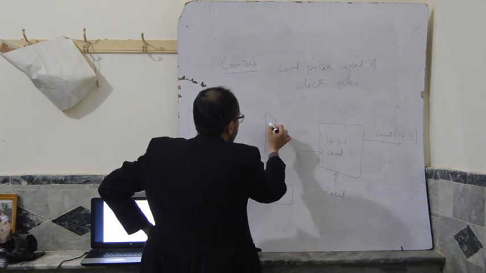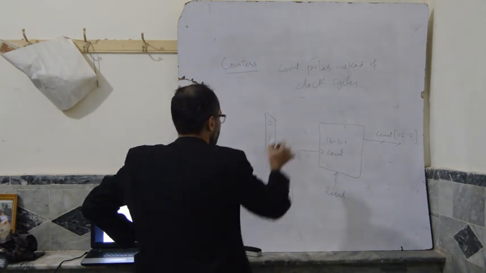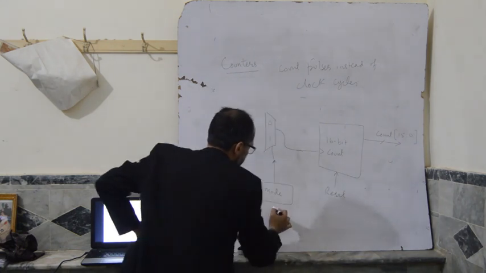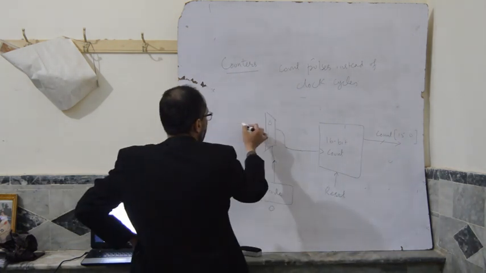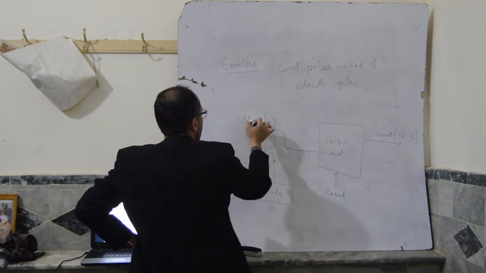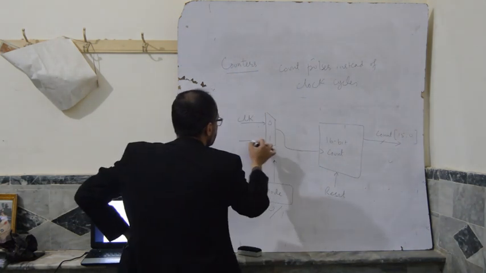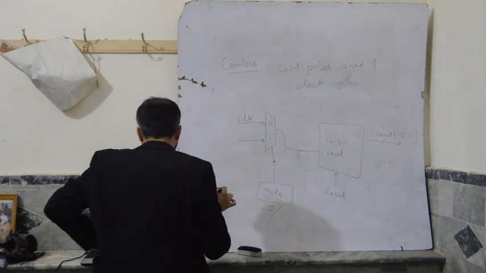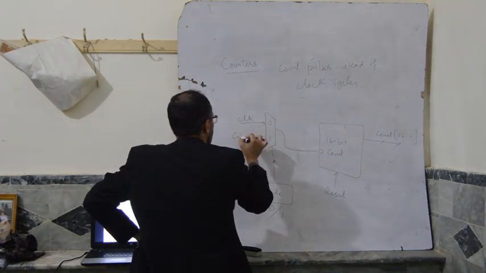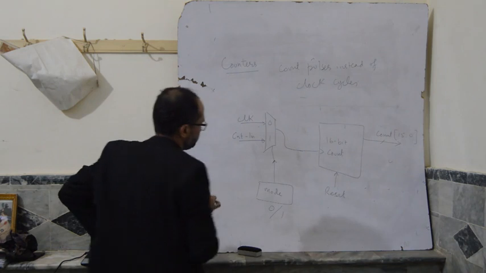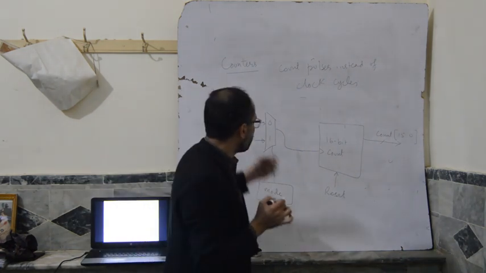So the mode can either be 0 or 1. If the mode is 0, it means that it will count the clock pulses, and if it is 1, it will count the count in. So it will count the pulses.